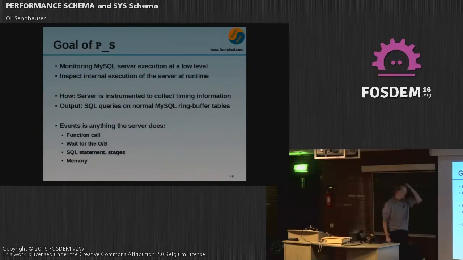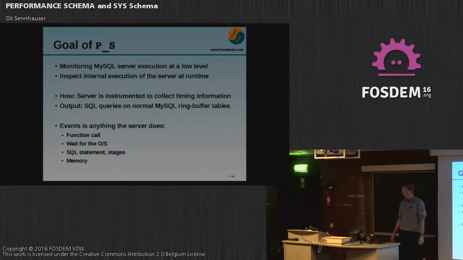Role of the performance schema: monitoring the MySQL server execution at a low level, and we want to do internal execution inspection of the server at runtime. How is it done? The server is instrumented and timing information is collected. The output, how can we get access to this data?